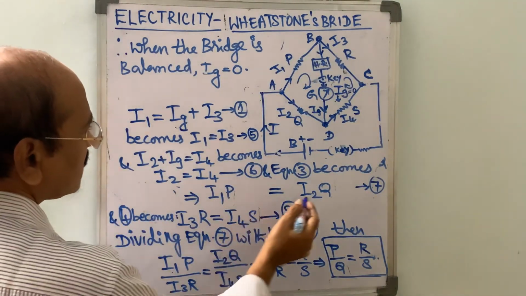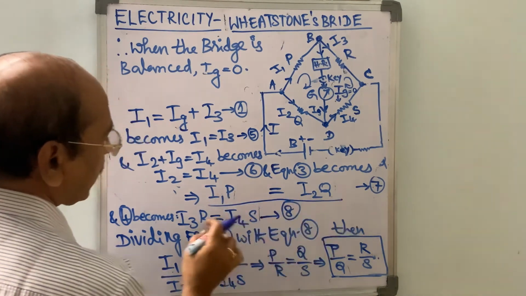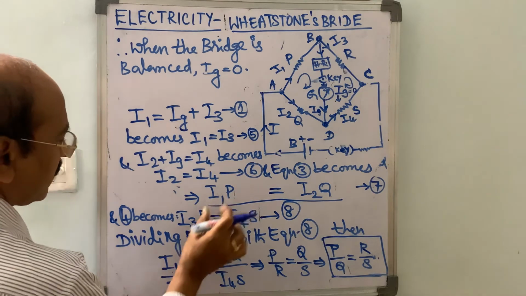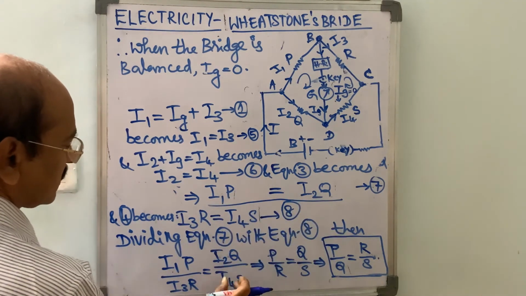Dividing the seventh equation by the eighth equation, we get I1P by I3R is equal to I2Q by I4S.